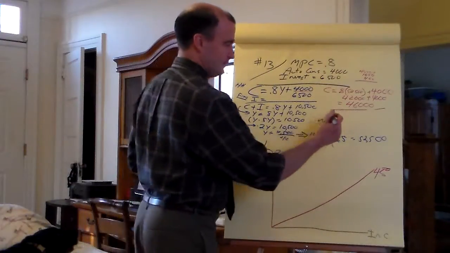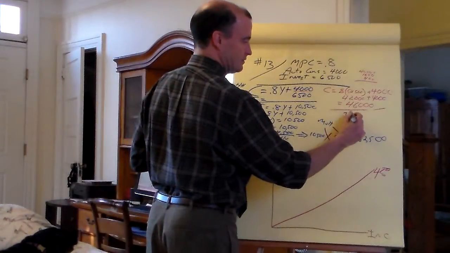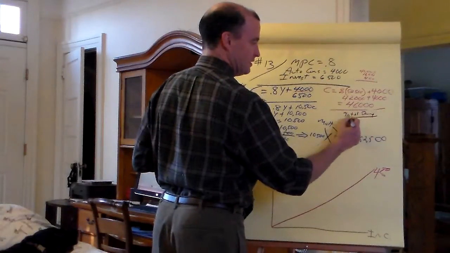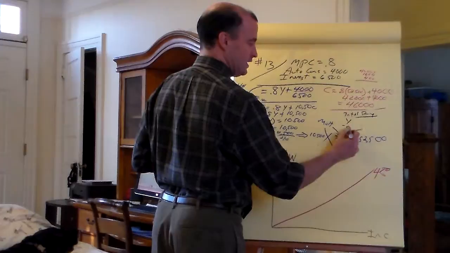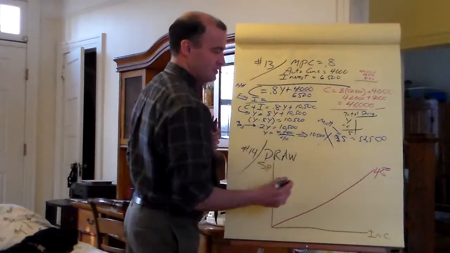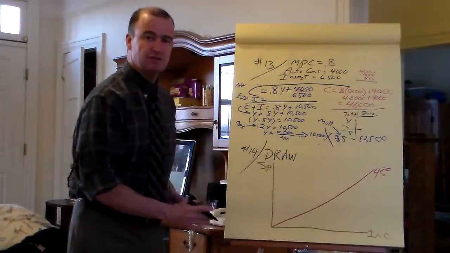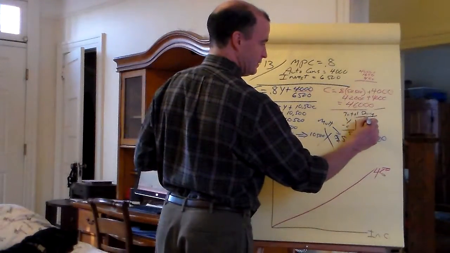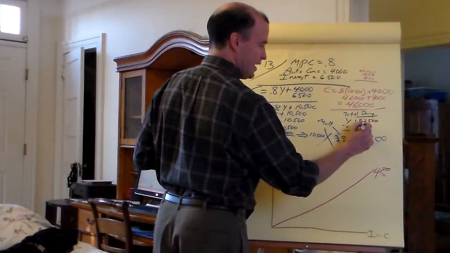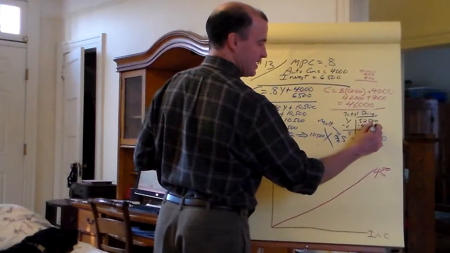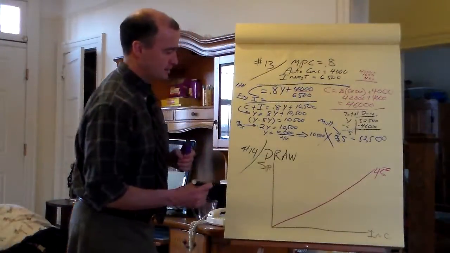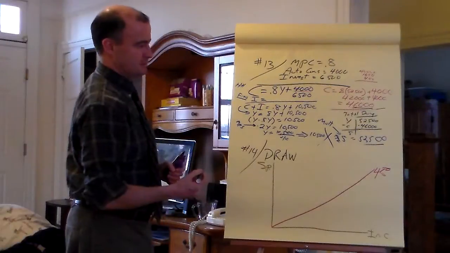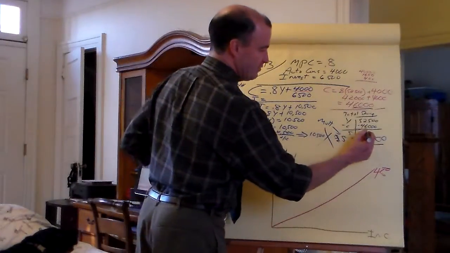But we'll see. Total saving: Y minus C is the total saving. I'm squeezing all this on one page. 52,500 minus 46,000. There's the income, there's the consumption, and that difference is 6,500.